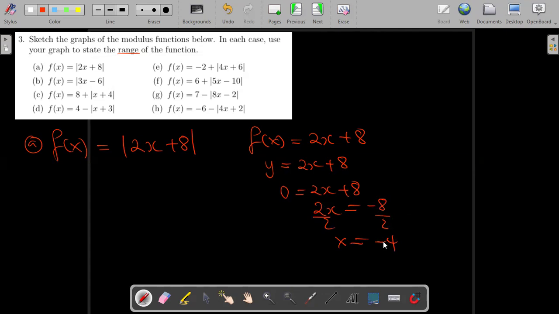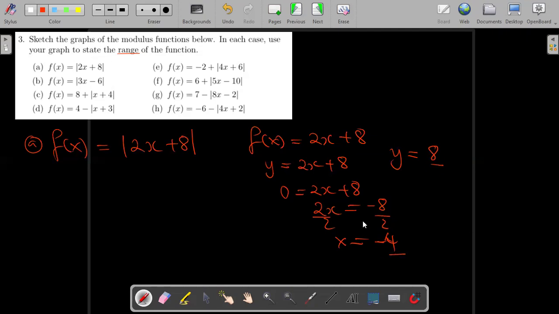This is my x-intercept, where the line cuts the x-axis. Then I have the y-intercept. The y-intercept is when x is 0, so we make x equal to 0 and we just remain with 8. So this is my y-intercept, and that is my x-intercept.